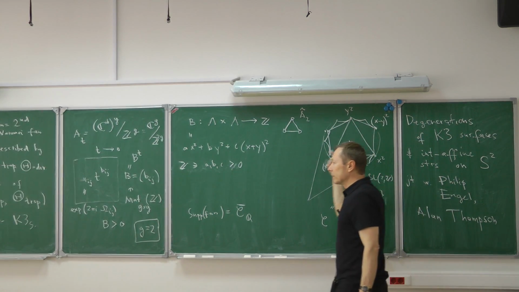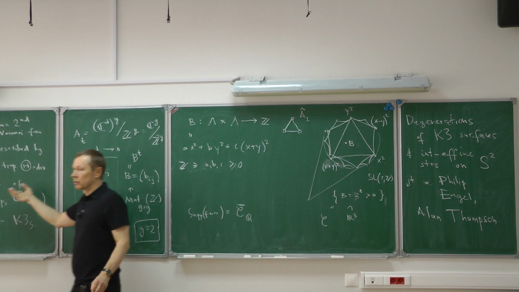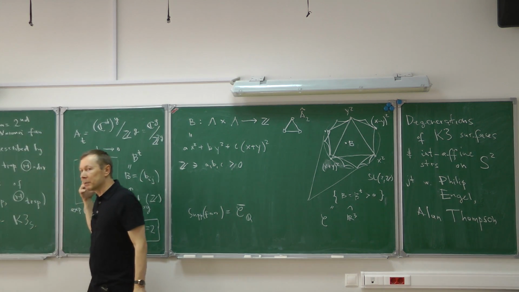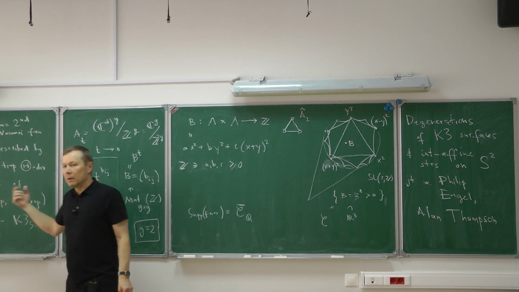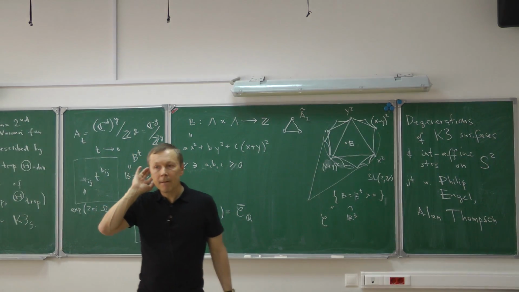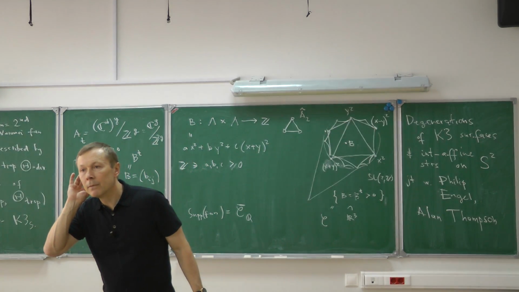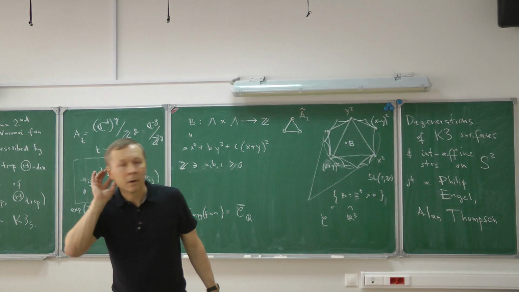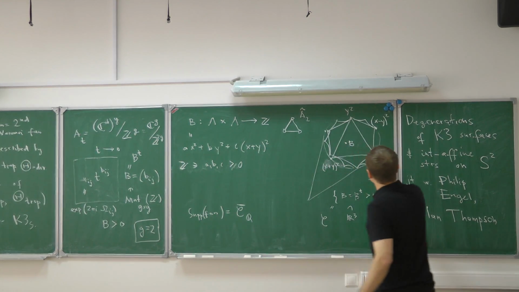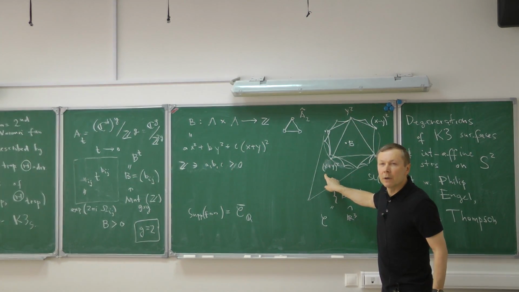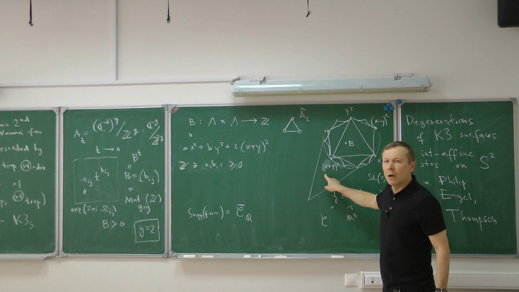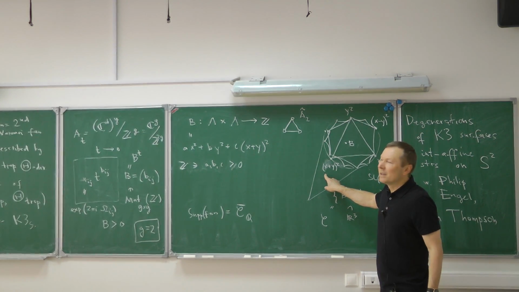And for this point, there is a type of one-parameter degeneration. Say again? X squared, y squared, x plus y squared. I know.